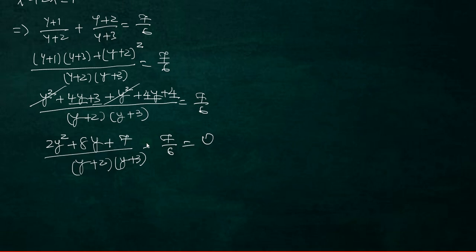Now what we're gonna do is find the common denominator again, right? So this time we're just gonna find 6 times this one and 7 times the product of these two.